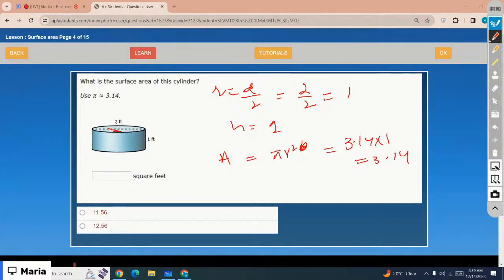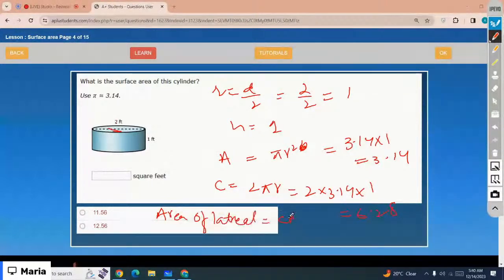Then for the lateral area of this shape, you have to calculate the circumference first, that is C equals 2 pi r. 2 times 3.14 times 1 is 6.28. You have to multiply this with h, the height given, that is 1. That is the area of the lateral face, C times H. H is 1, so that is 6.28.